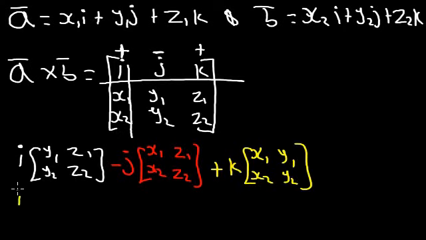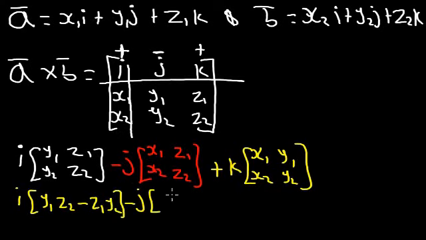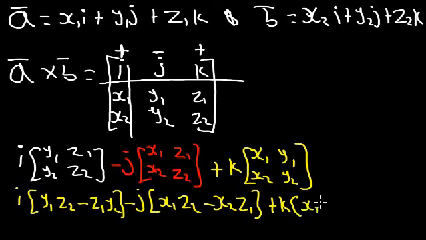You know that that's going to be i in the bracket of y1 z2 minus z1 y2, minus j in the bracket of x1 z2 minus x2 z1, and lastly plus k in the bracket of x1 y2 minus x2 y1. Then just simplify this, and you have your final answer.